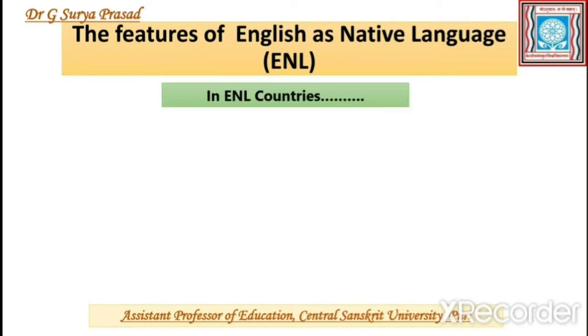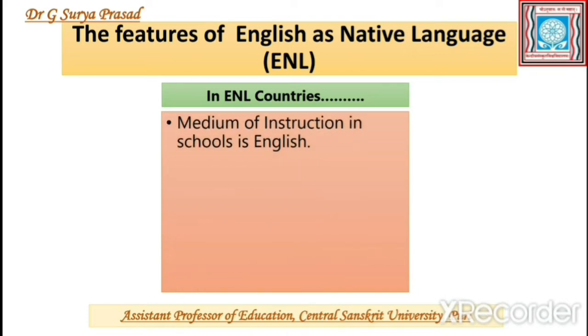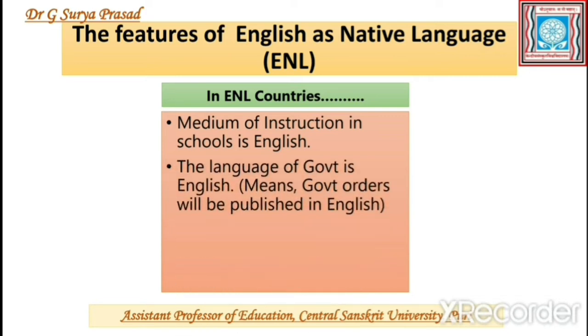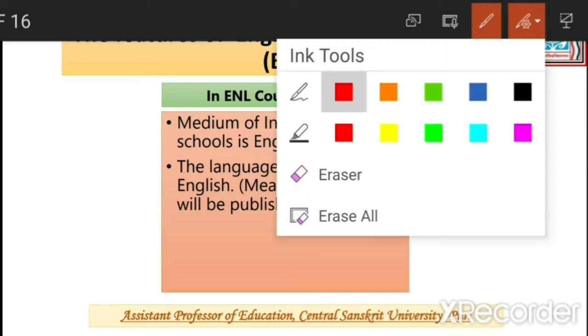In ENL countries like America or Britain, we see the following characteristics: the medium of instruction in schools will be English only, and the language of government is also English, meaning all the government orders will be published in English.